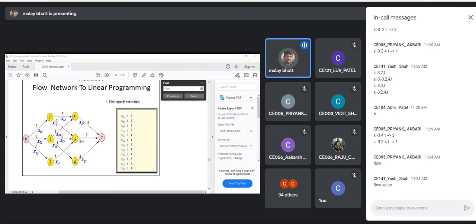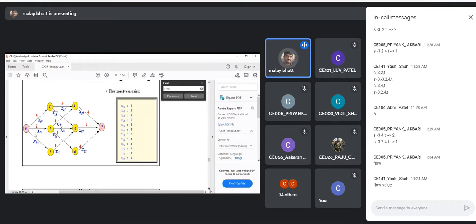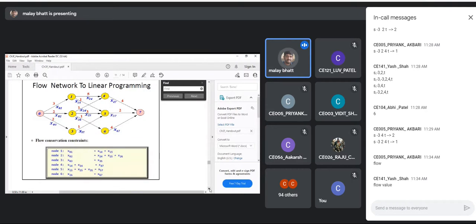So this is indicating that outflow from the node and the inflow to the node must be equal. Yeah, that is the constraint. So we'll write for node 1. Similarly, for node 2, we can write x02 equal to x24 plus x25 plus x26.